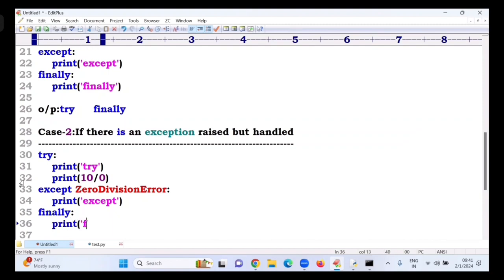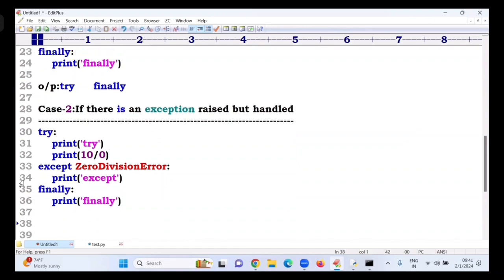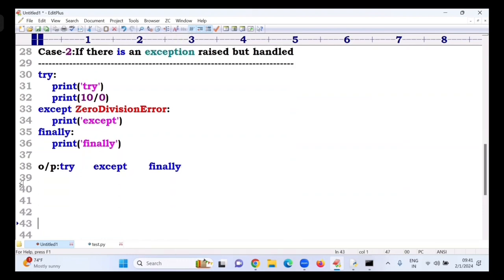So the exception is raised, the corresponding class matches, and I handled it. In this case, try, except, finally, graceful termination because I handled the exception successfully.